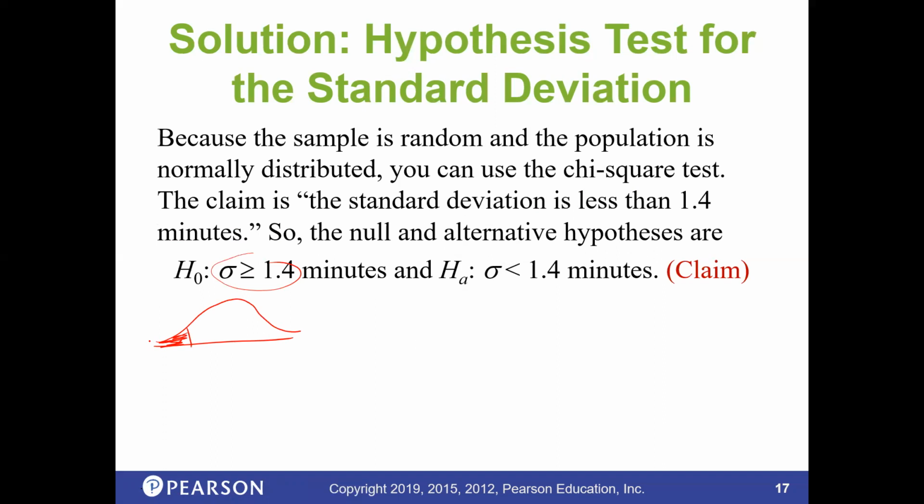So we need a few things here. The DF value is equal to, let's see, 25 in random calls. So 25 minus 1. I got 24 for my degrees of freedom value. It's a one-tailed test.